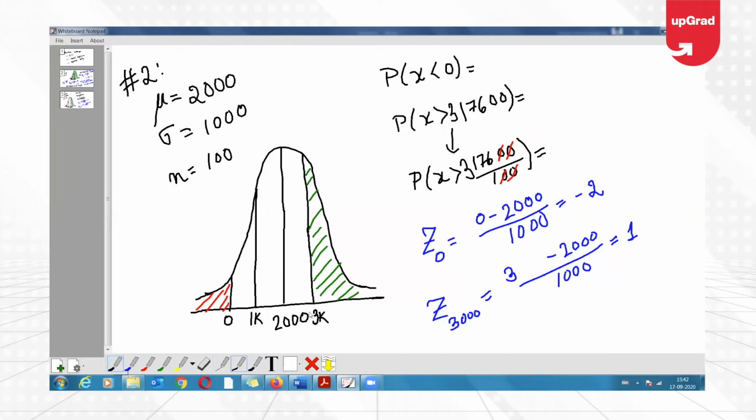The reason is I just want to show you how to look at certain decimal places in z score.